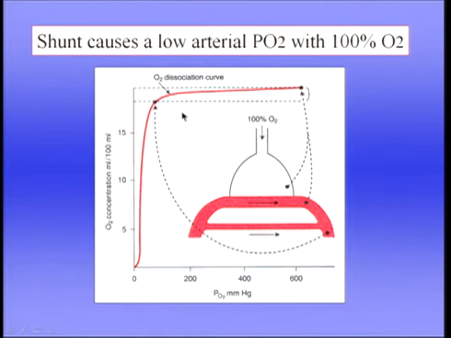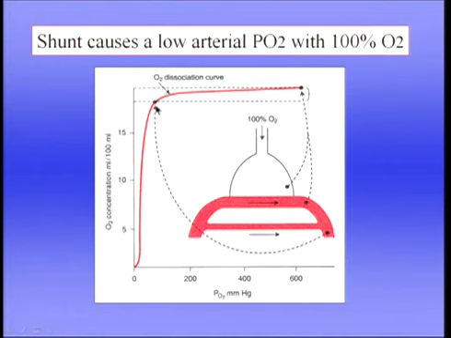It's not very much, as you can see. But look at the fall in the PO2. It's dramatic. And that's because this curve is almost flat. It has a very shallow slope in this upper part. So although the fall in oxygen concentration caused by the shunt is not very great, the fall in PO2 is tremendous.